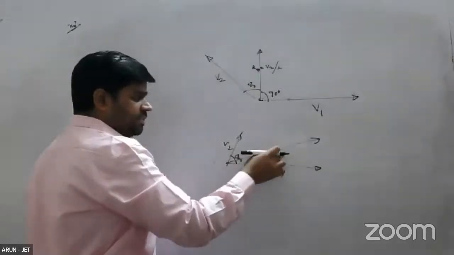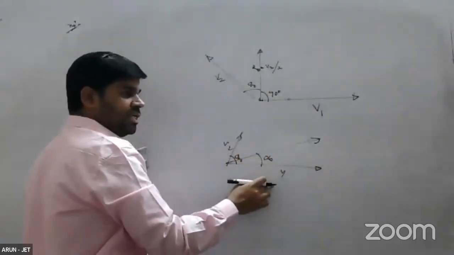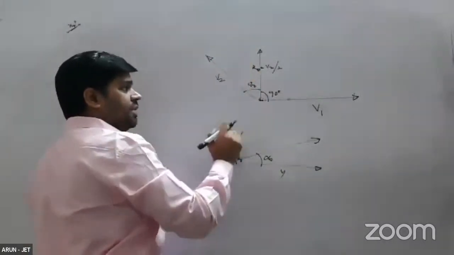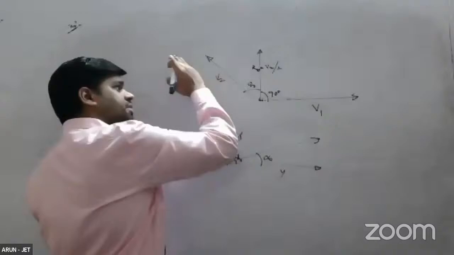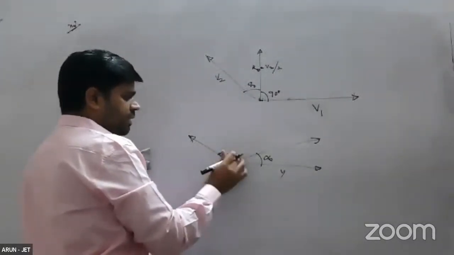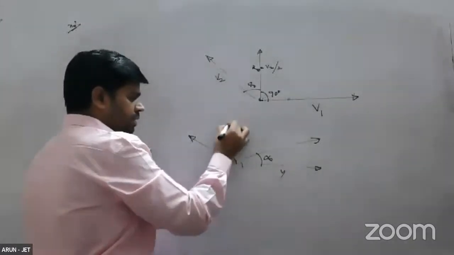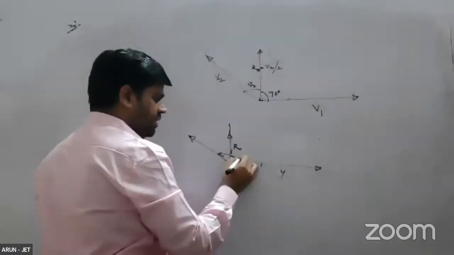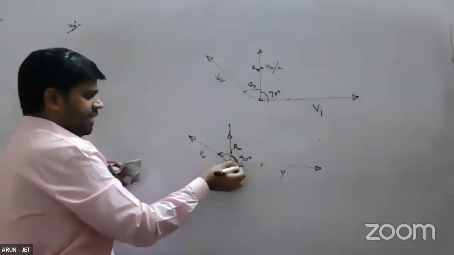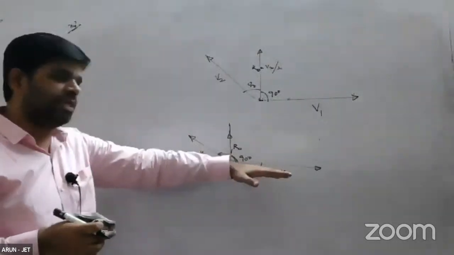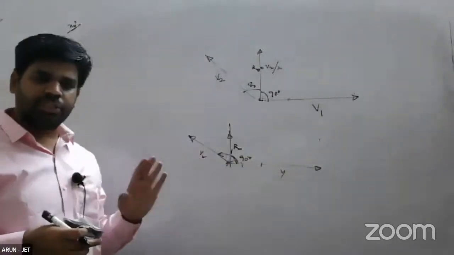But I said this resultant is perpendicular to V1, making an angle of 90 degrees with V1. That means my resultant is somewhere here, so my other vector should be somewhere here, at an obtuse angle to V1. For this to be 90, V2 should be at an obtuse angle as measured from V1. Is this okay? Yes, sir.